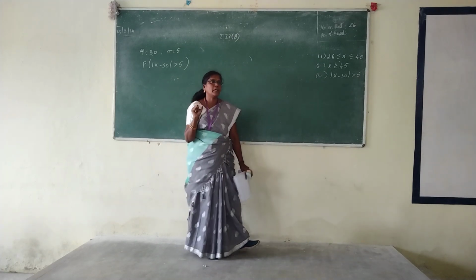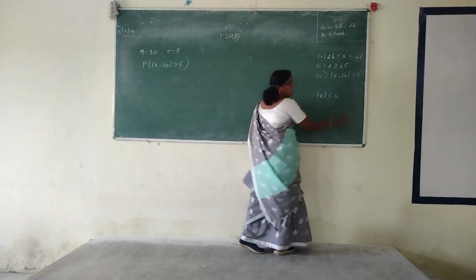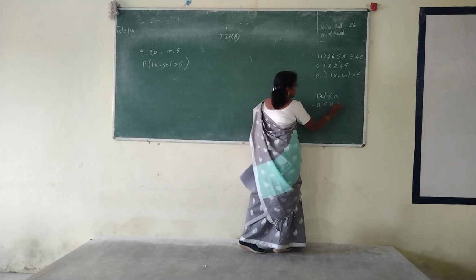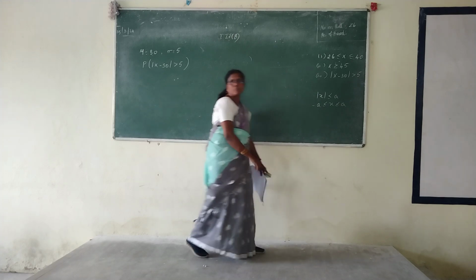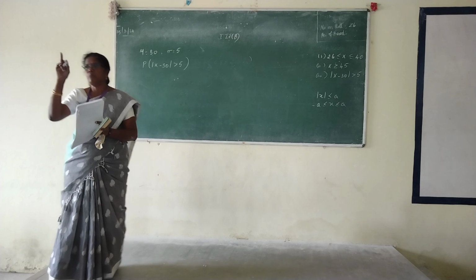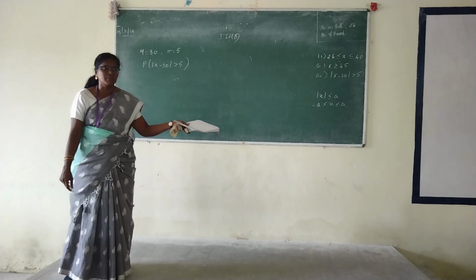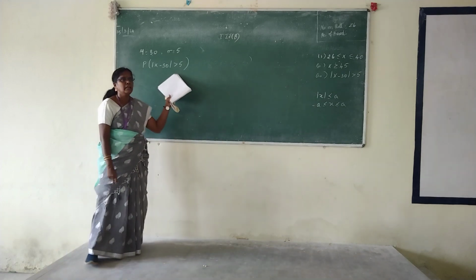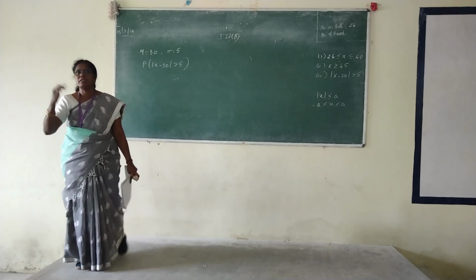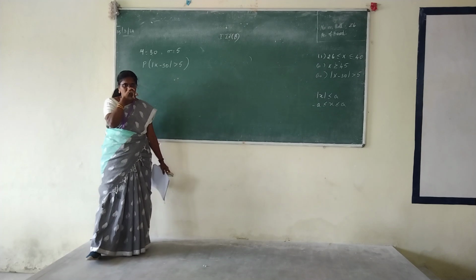For greater than you don't have that logic. Normally we say that mod x less than or equal to a means you can rewrite this as minus a less than or equal to x less than or equal to a. The negative and positive are combined and written as a modulus symbol. This can be done if it has a less than or equal to symbol. But here we have greater. First step, we must try to convert this into a lesser form. How can we convert?